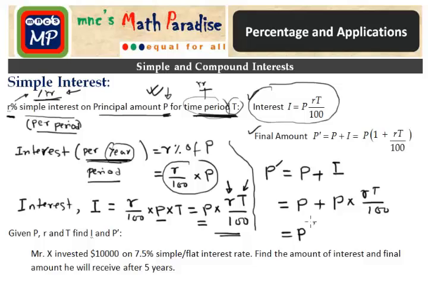If we take P common, it will be 1 plus RT divided by 100. So this is the final amount formula. So final amount equals either the initial amount plus the calculated interest, or the initial amount times 1 plus RT divided by 100.